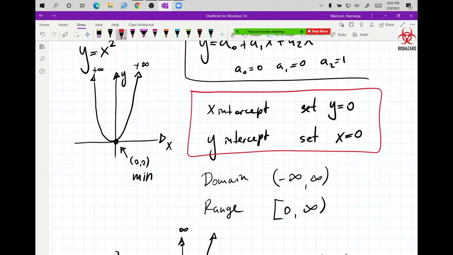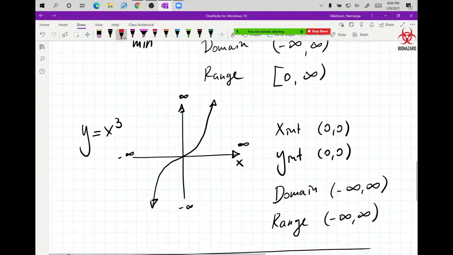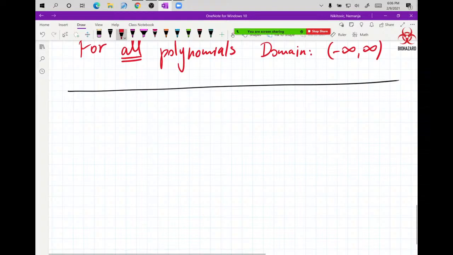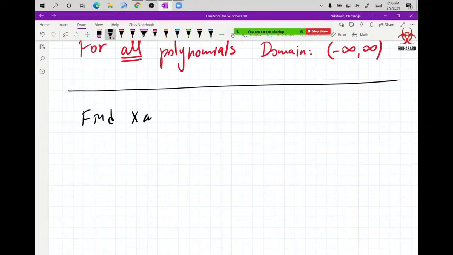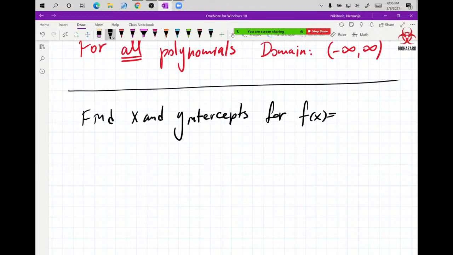Now, if I want to find the x and y-intercept for f of x equals 4x cubed minus, I don't know, 8, whatever, then we have to do those one by one.